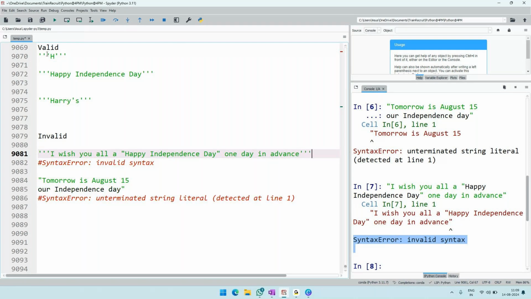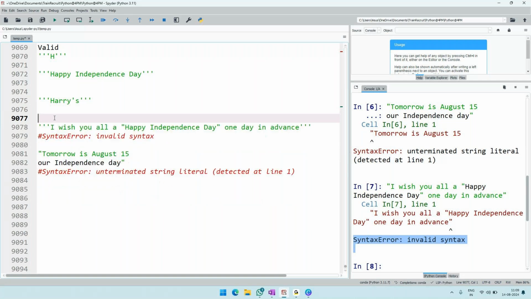And you can have single quote also, double quote also. You can have anything, so everything is valid.